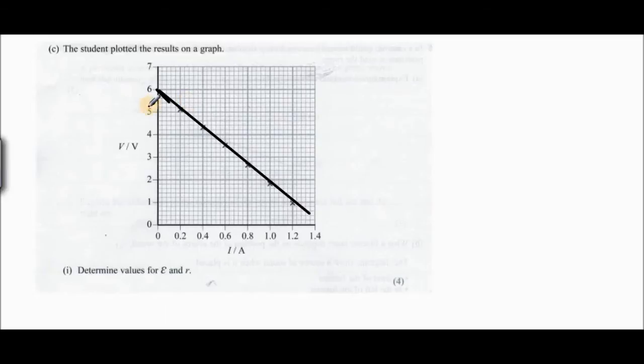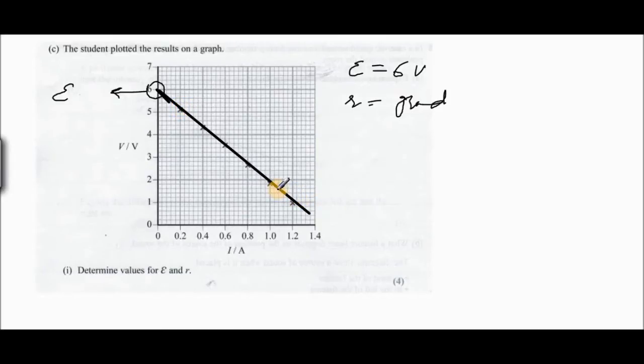So from this graph you can see this y-intercept is your EMF epsilon, which is 6 volt, and for the internal resistance r you need to find the gradient of the line. For the gradient you need to choose any two points on the graph. It depends on your actual graph.